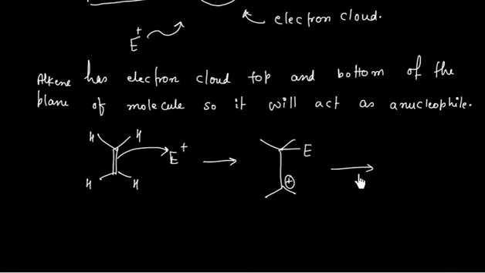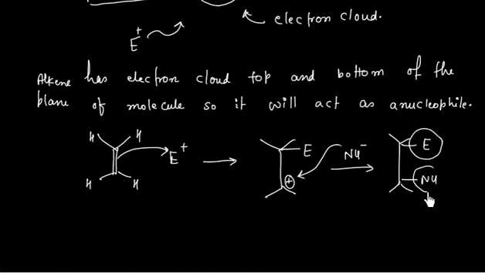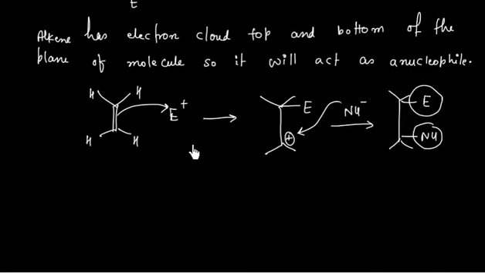Now the next step, a nucleophile can come and attack this carbocation to get an addition product. So finally, on this side we have electrophile and on this side we have nucleophile. So we have added one electrophile and one nucleophile to the double bond.